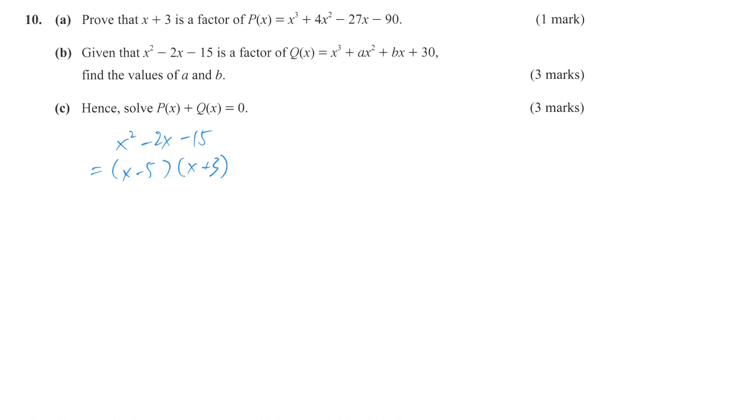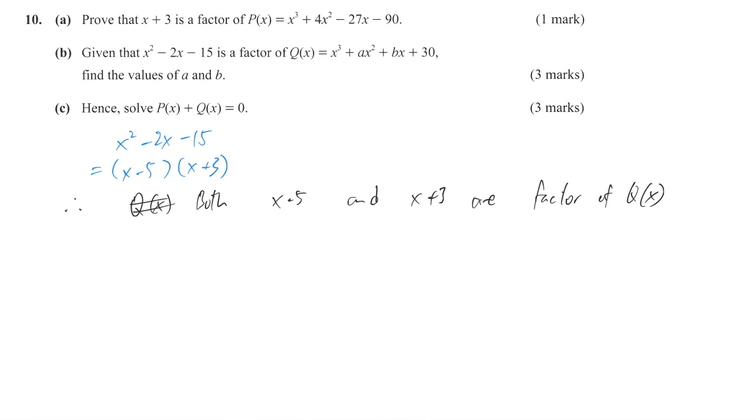So they try to imply to you, therefore, that both x minus 5 and x plus 3 are factors of q(x). They do not directly tell you this and this are factors. They try to imply that these two together are both factors.